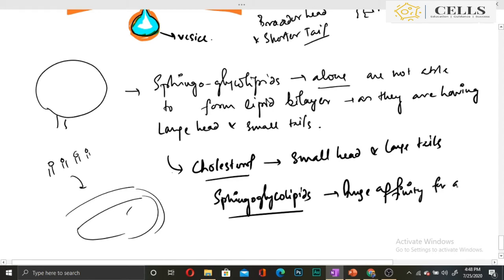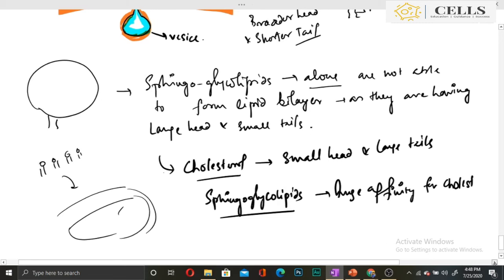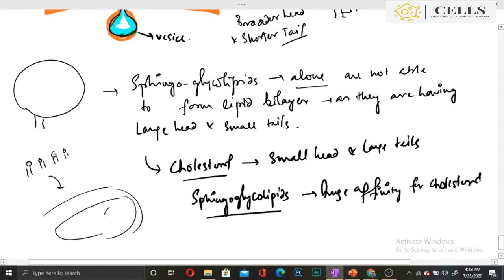Because they are having the opposite thing. Like they are having larger heads and smaller tails, and they need somebody with smaller heads and larger tails, so that they can associate in a proper manner to form a bilayer.